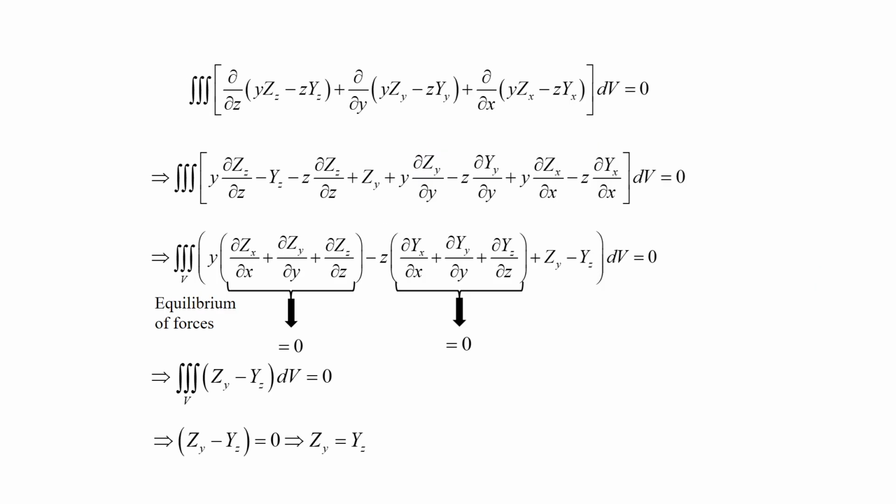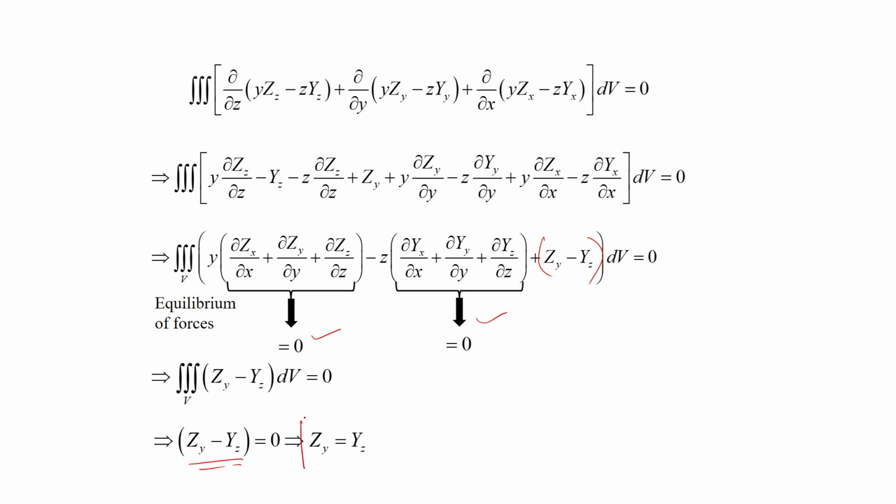Here we can see that this y into this term comes from the stress equilibrium relation, and that will be equal to 0. Again, this term also comes from the stress equilibrium relation, and will also be equal to 0, and this term therefore also has to be equal to 0. So, σzy comes out to be equal to σyz.